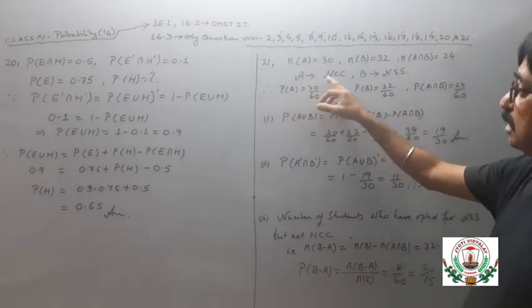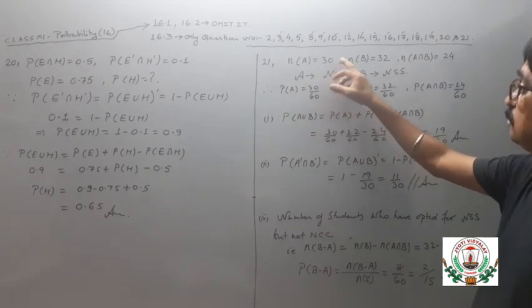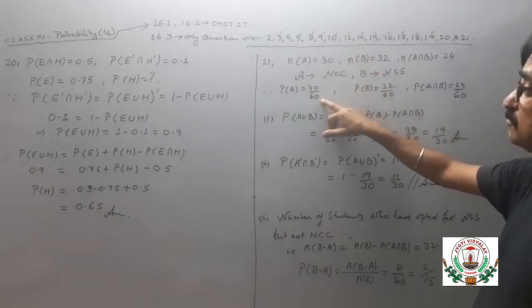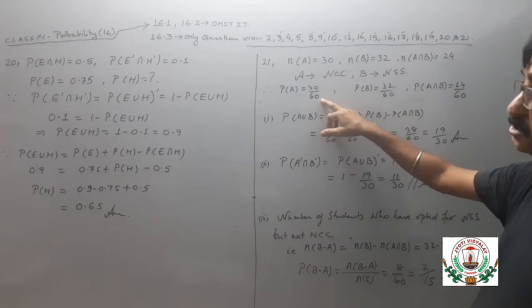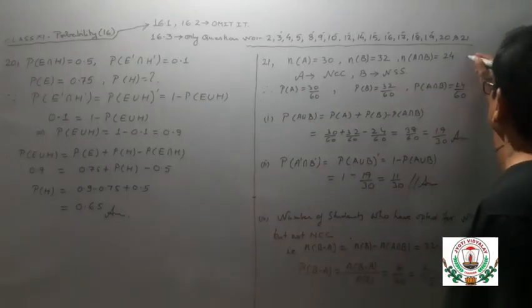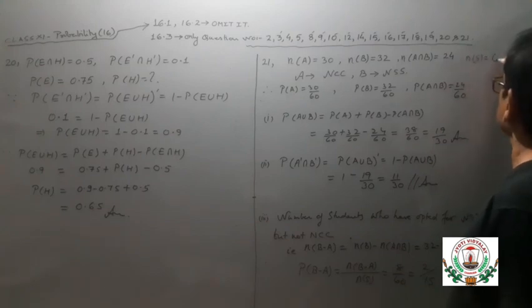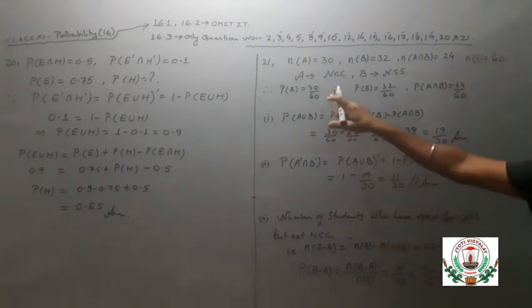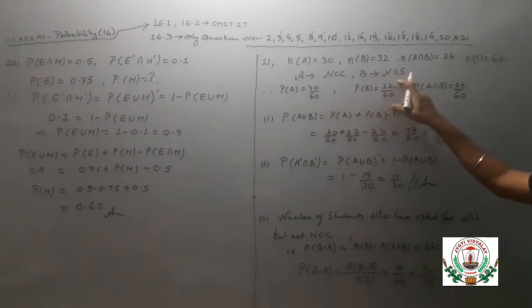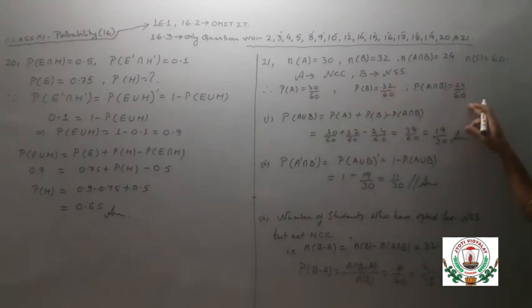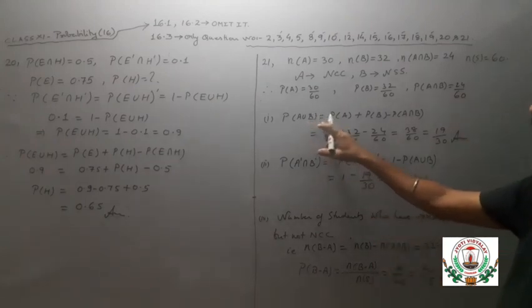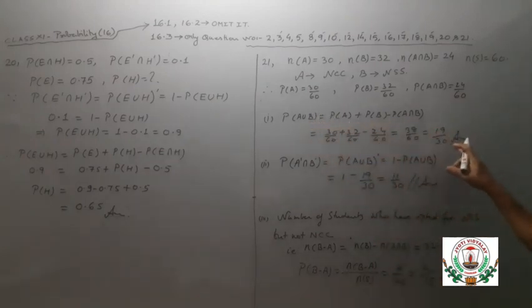Probability of getting NCC is 30 upon the total, and the total number of students is given as N of S equals 60. So probability of A is 30 by 60, probability of B is 32 by 60, probability of A intersection B is 24 by 60. So probability of A union B I have to calculate in the first question.